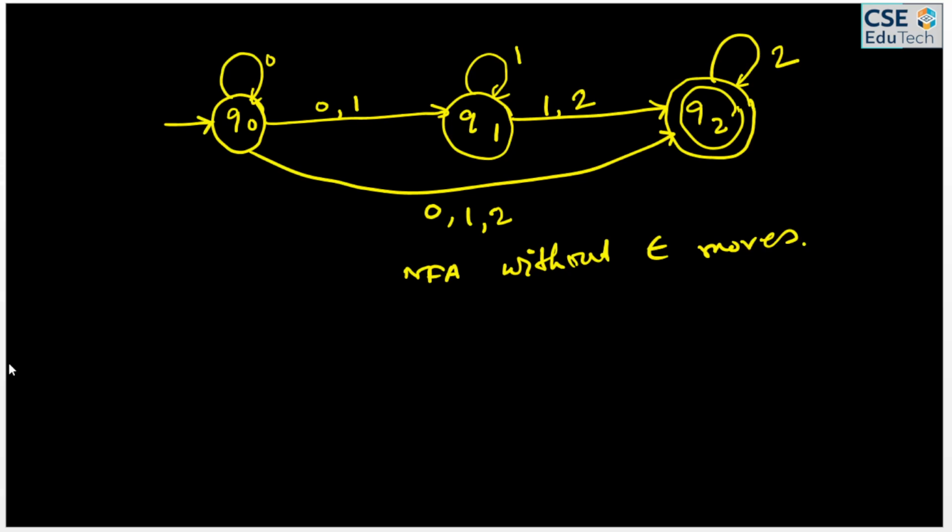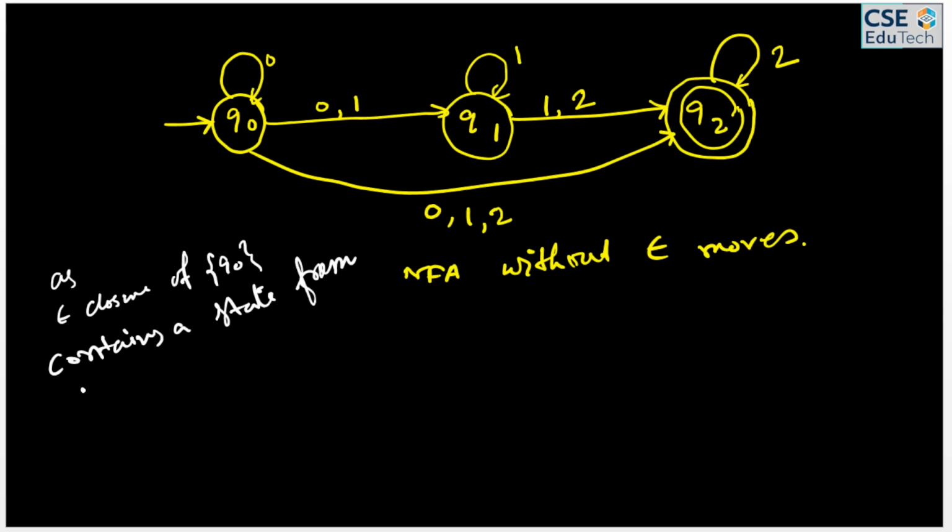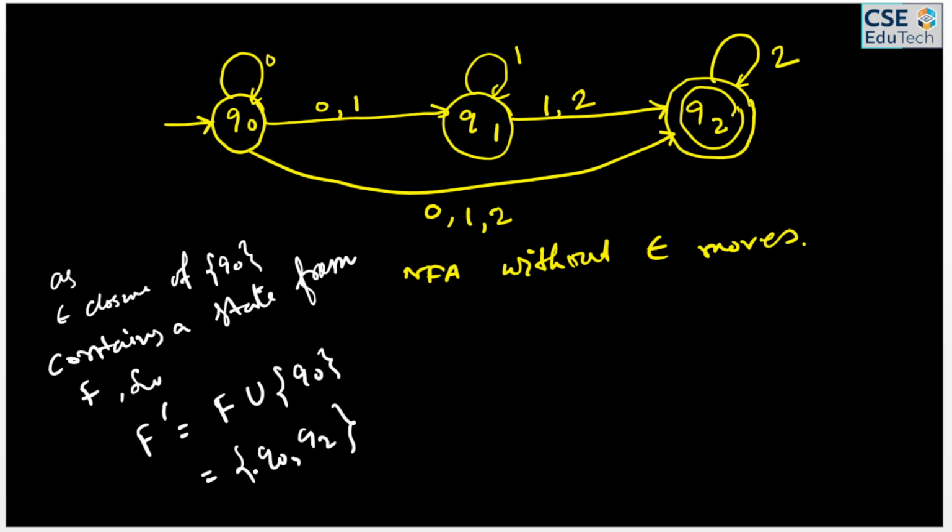So in this transition diagram, as epsilon closure of Q0 contains a state from F, F dash is basically F union Q0. So basically Q0 and Q2 both will be the final states. That's why we have to make this state also a final state.